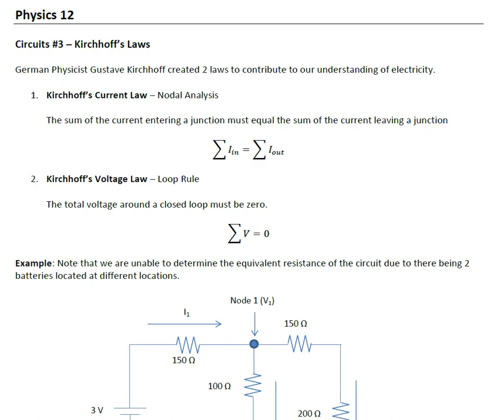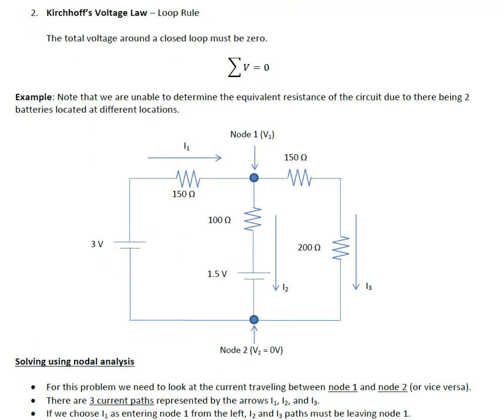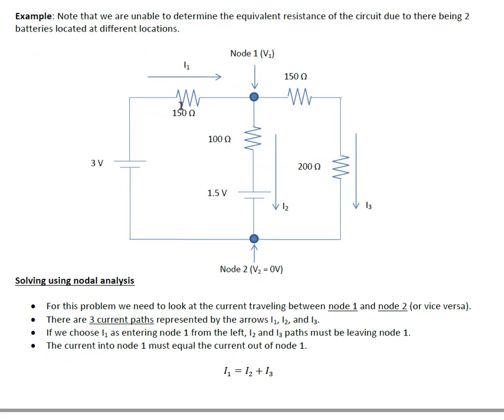So let's scroll down. This is the circuit we will look at first. We have 3 volts here, and this one's pointing upwards, and we have another battery right over here. It's complicated because they're parallel to each other, and we have a couple resistors around. Often we don't know what direction the current is, so you just take a guess.